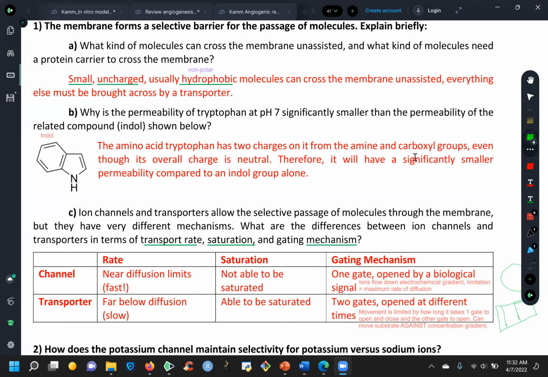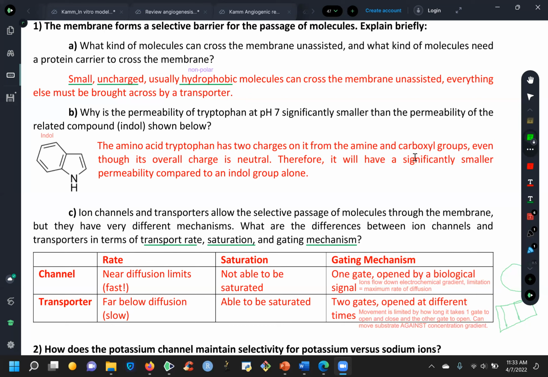So it is not ionizable. It won't have a charge. It's going to stay like this. So indole is small, it is uncharged, and it's mainly carbons and hydrogens, so it's going to be hydrophobic. So that is why the indole has a higher permeability than tryptophan.